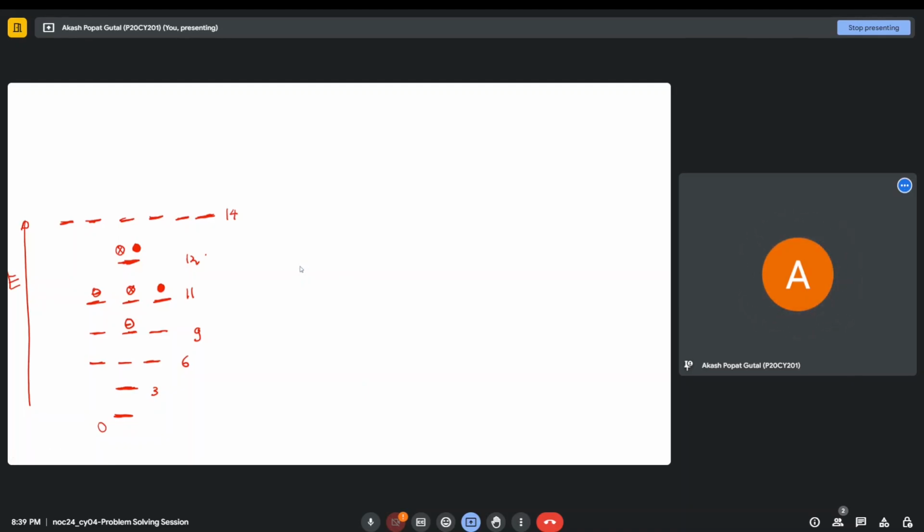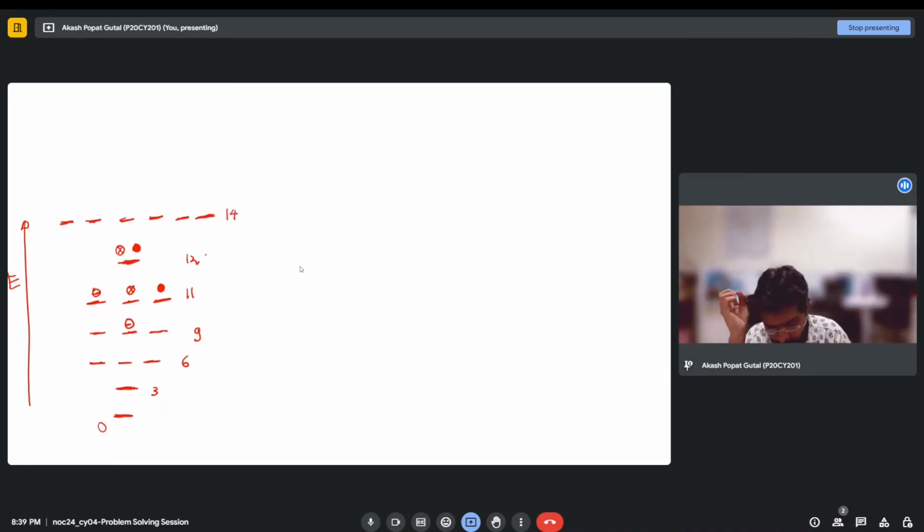So we will calculate the number of states. In the first case we have two distinguishable particles at 12 and one distinguishable particle at 9, which means this one has the flexibility of three different positions, and the other two have only one position.